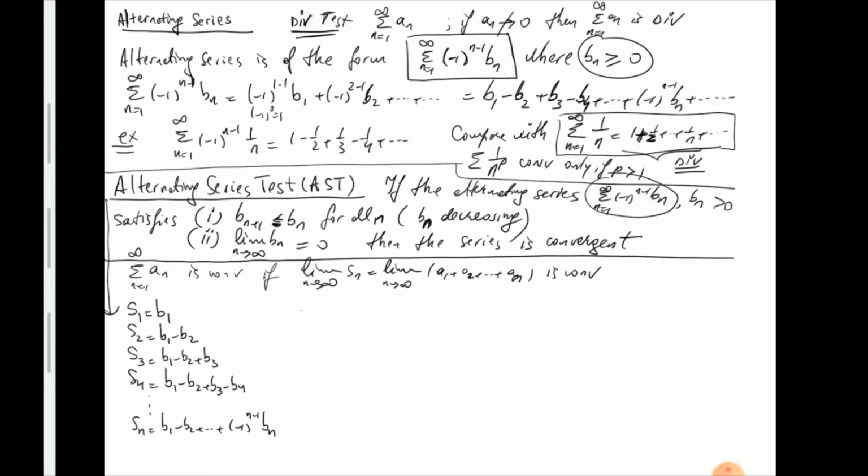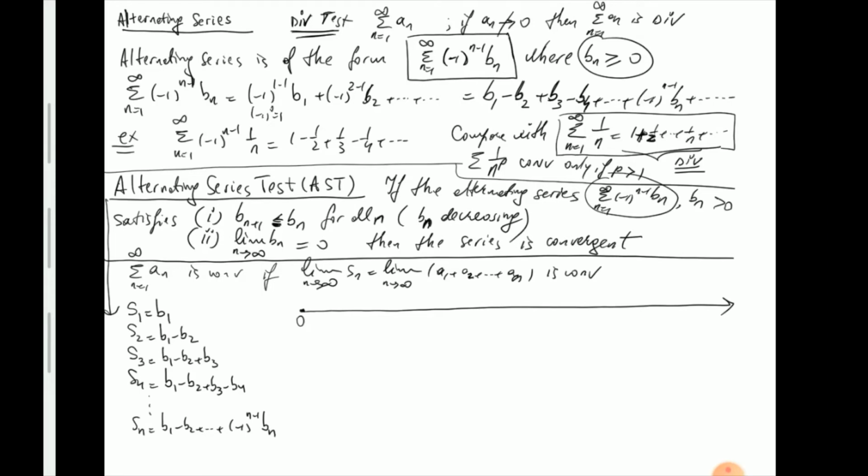So suppose that you write down these partial sums on the x-axis. Because bn is decreasing, what you add or subtract at any given point is going to be less than what you added or subtracted at the previous step.